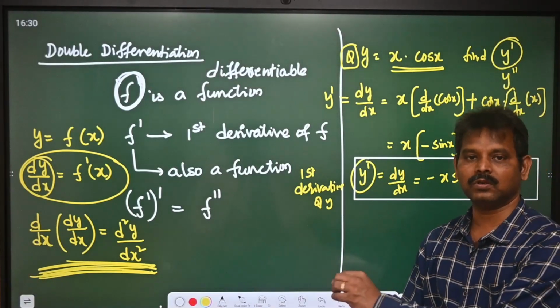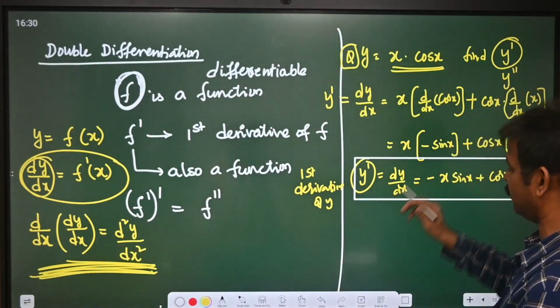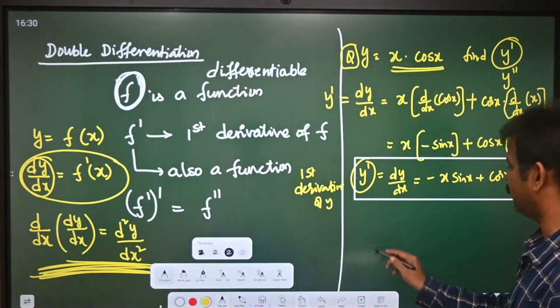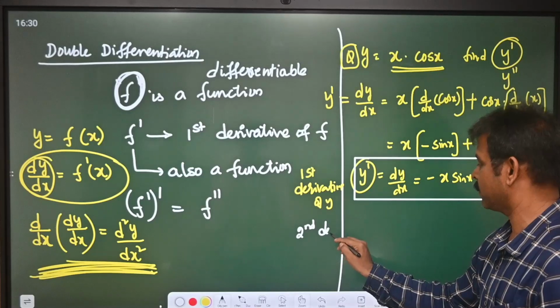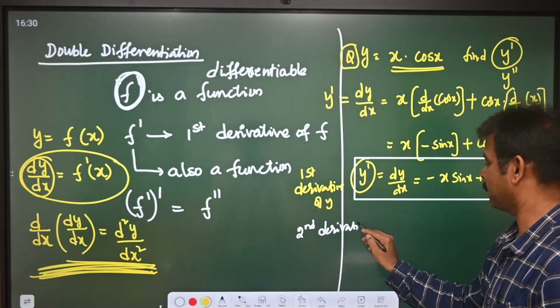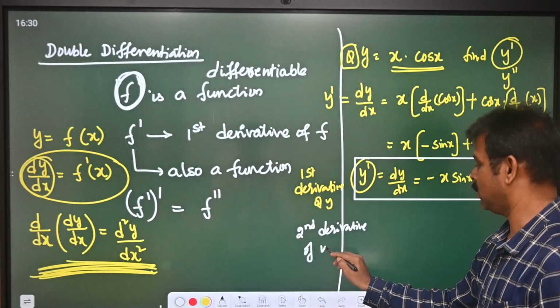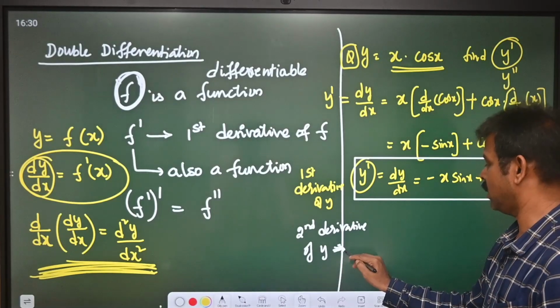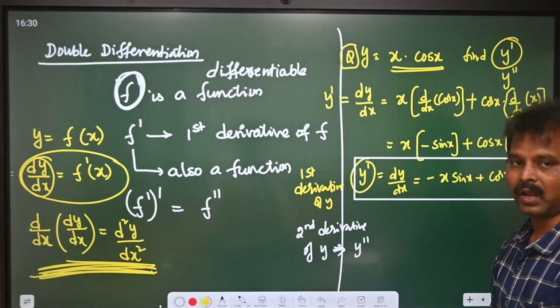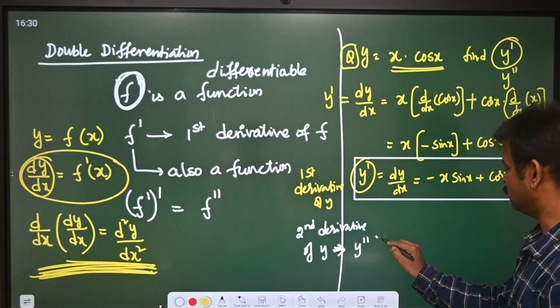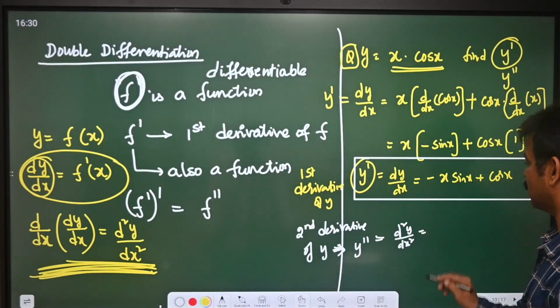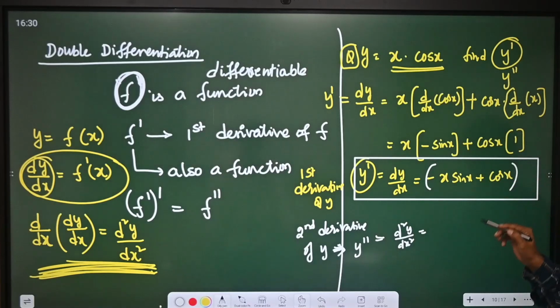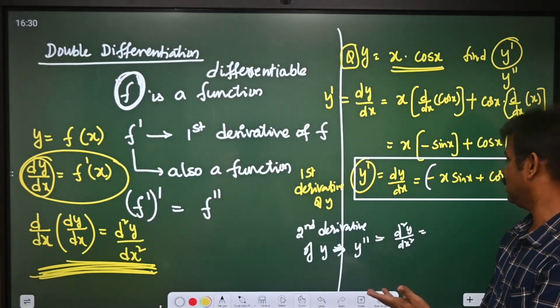So this is our first derivative, students. Now I need the second derivative of y, which we can write as y double prime or y double dash, and also written as d square y by dx square. So I have to differentiate this with respect to x again.